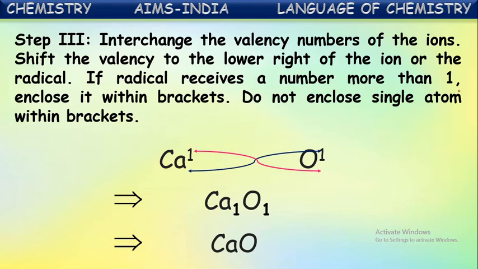In the second step, we eliminate the highest common factor in both their charges, and after eliminating, we ignore the positive and negative symbols. In the third step, we interchange the numbers remaining in their valencies. If any radical gets a number more than 1, that radical is kept inside brackets. If the number is 1, we need not mention it in the formula. So finally, the formula of calcium oxide is obtained as CaO. Let us see one more example.